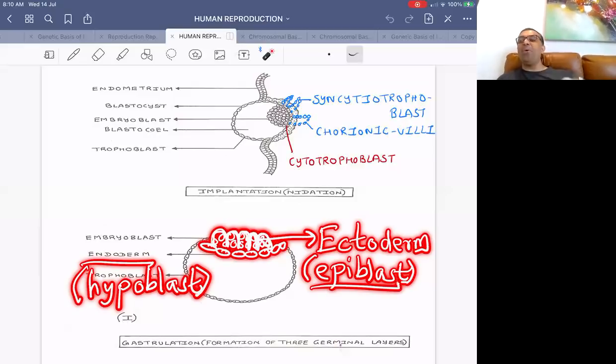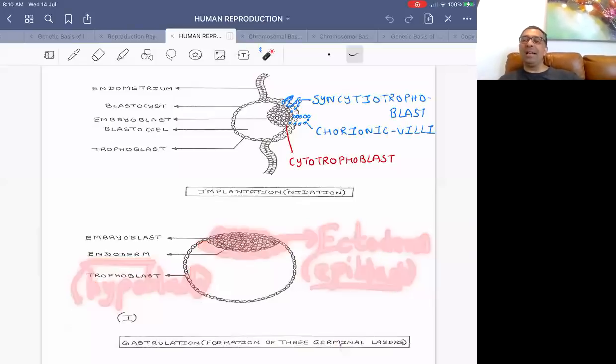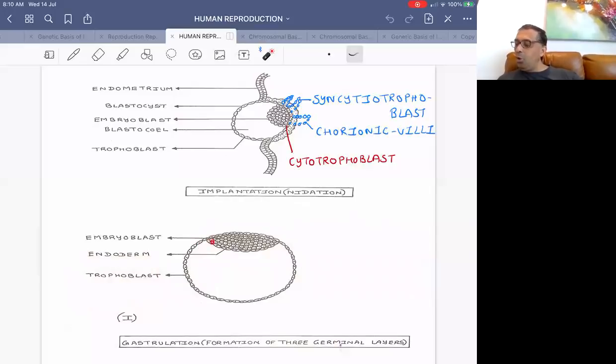And now, where will the mesoderm come from? Ectoderm and endoderm have formed. How will the mesoderm form? Now comes the main challenge and the main process. Listen carefully, sir. The tall columnar ectoderm cells and the flat endoderm cells below will now sink. They start moving downwards from the poles towards the equator.